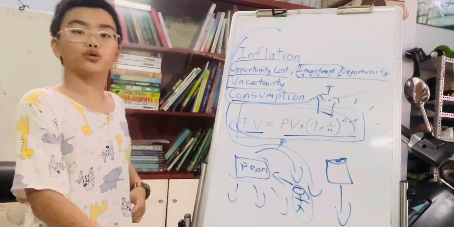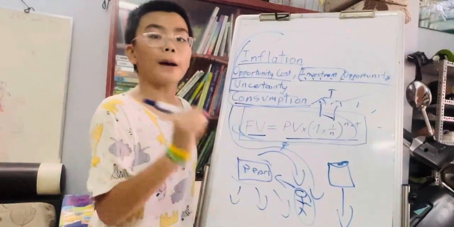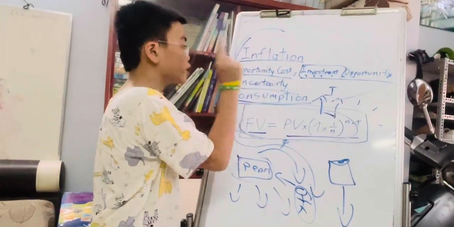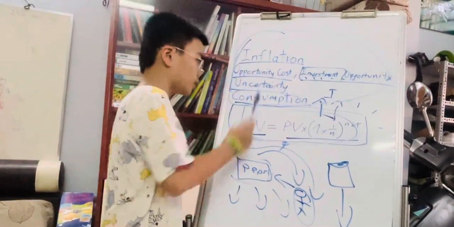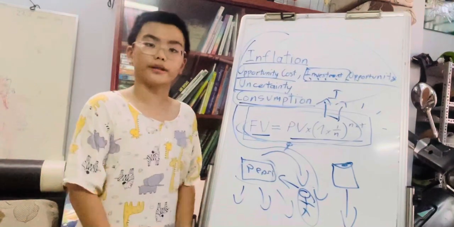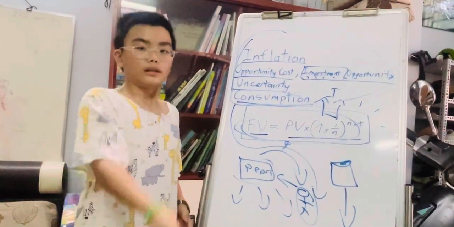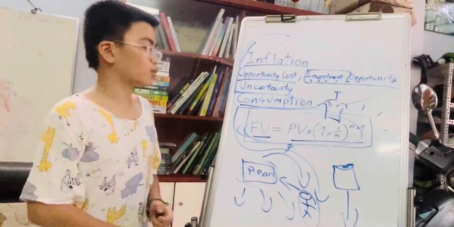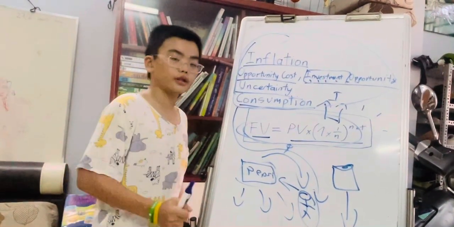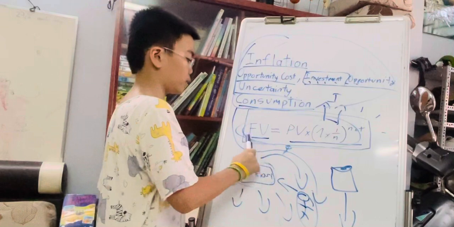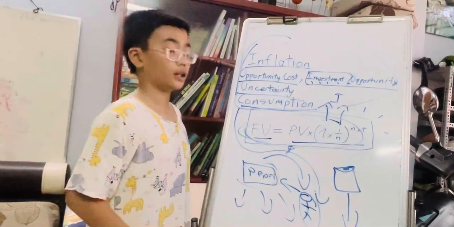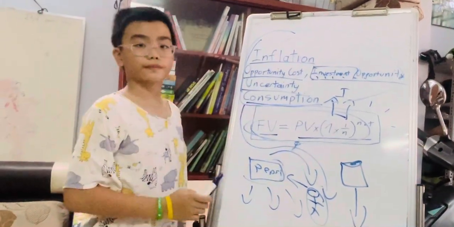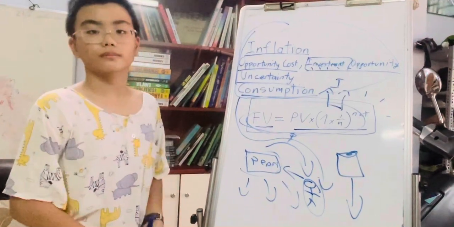Even if you had $1 trillion, you cannot pay people to make inflation, opportunity cost, investment opportunity, uncertainty, and the consumption rate slow down, speed up, or stop at all. That is why, and this is the connection between the future value in the formula and the future value in your life.